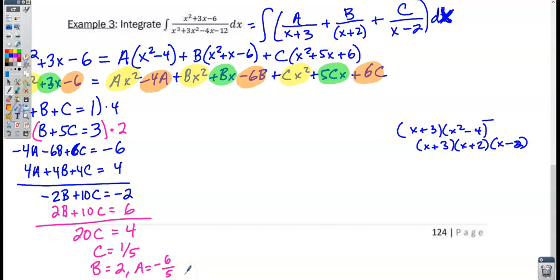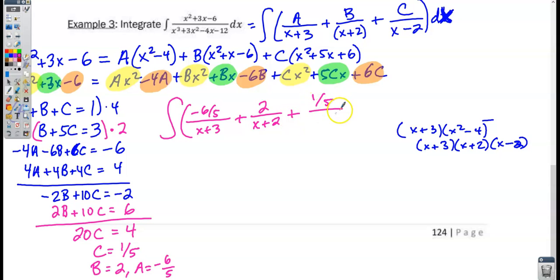So I have all of my fractions. And so we can rewrite this as the integral of -6/5 over x plus 3 plus 2 over x plus 2 plus 1/5 over x minus 2.